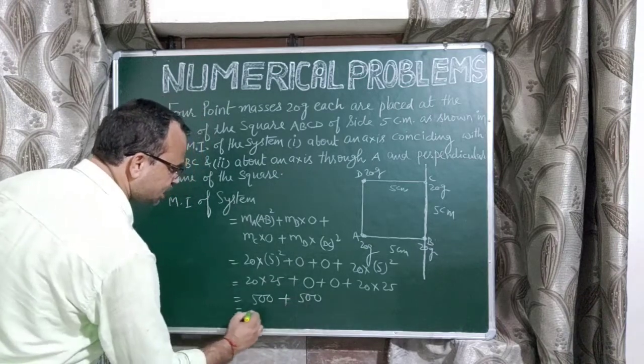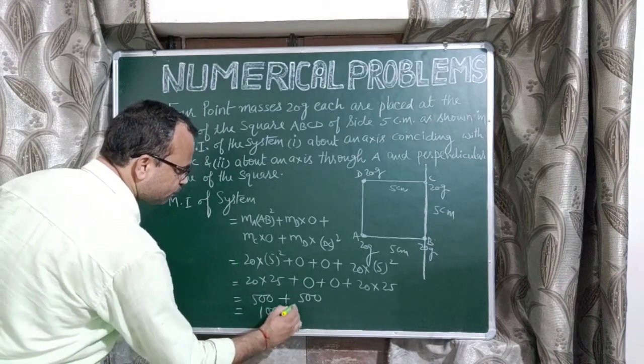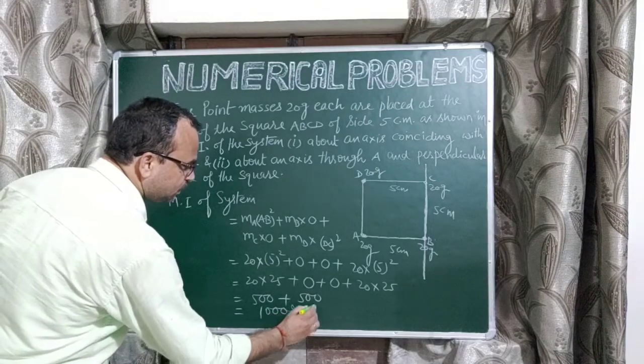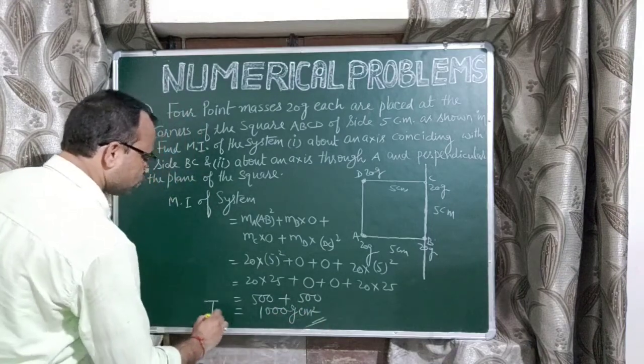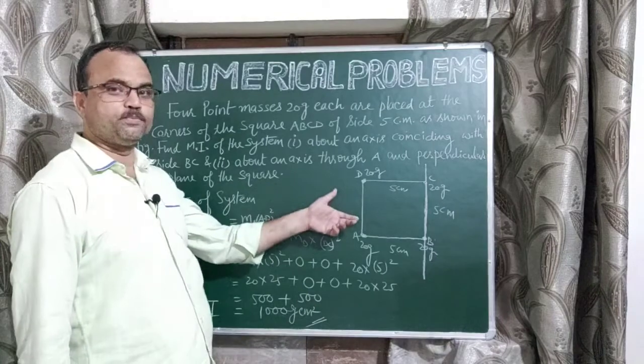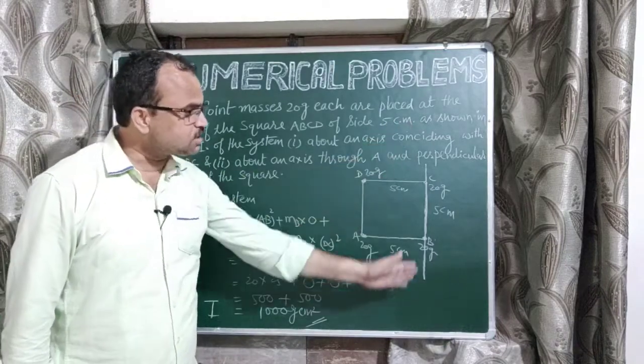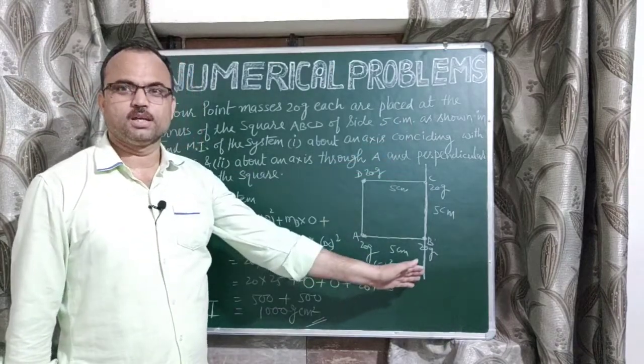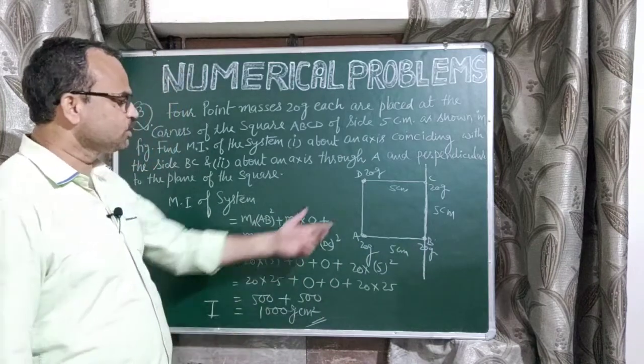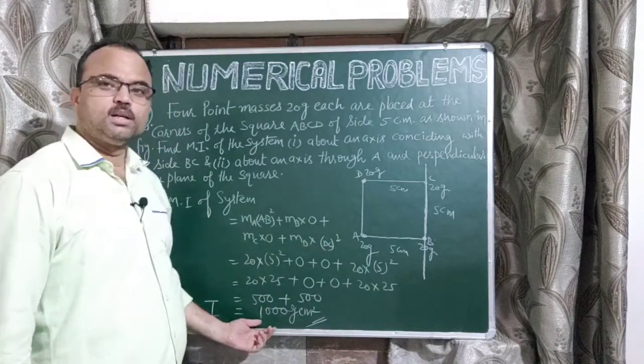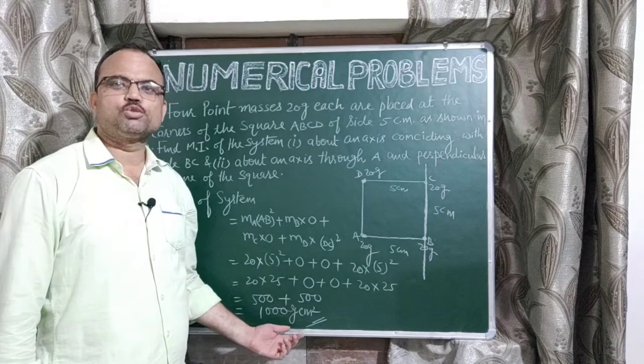So the final answer is 1000 gram centimeter square. So when the axis passes through BC, the moment of inertia of the system will be 1000 gram centimeter square.